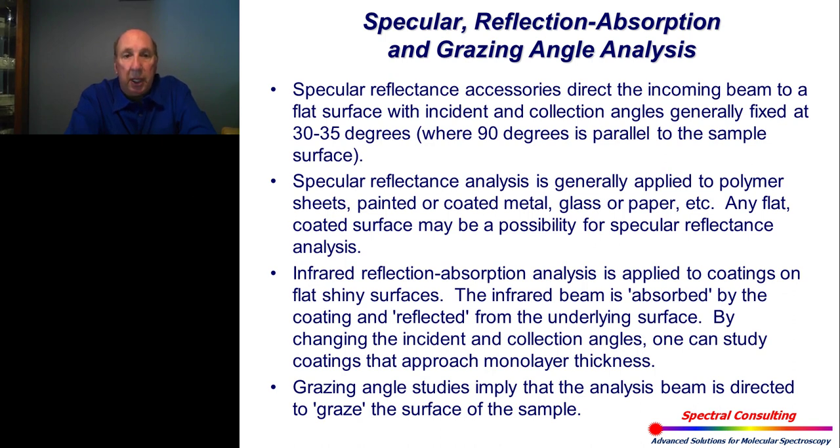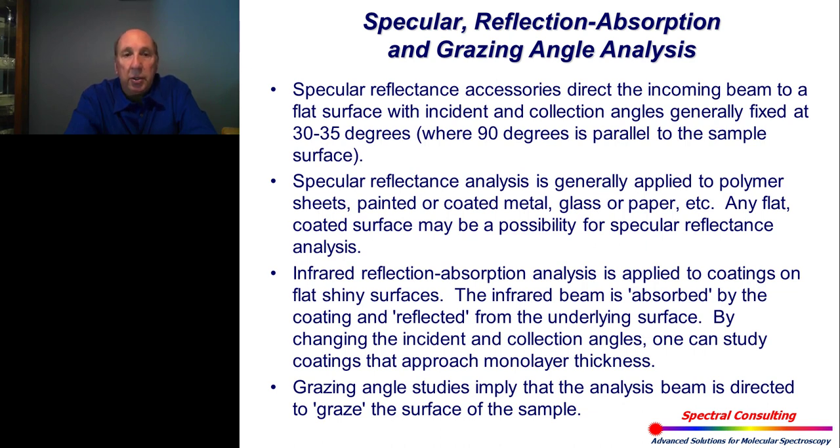As the light passes through the sample to the background or the substrate, as it's termed, which is very shiny, it bounces back through the coating. And by changing that angle, we can go as thin as monolayer thicknesses.